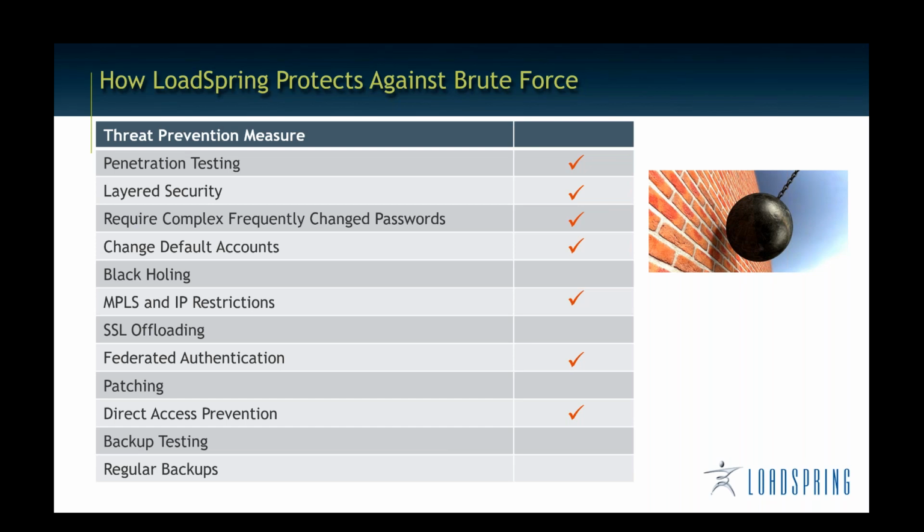You use your accounts to authenticate against your own systems in your network, and then that sends a token across to us that we accept. We generate a 64-character password randomly, and that's only valid for that particular session. So a brute force attack would be very difficult against a federated authentication environment.